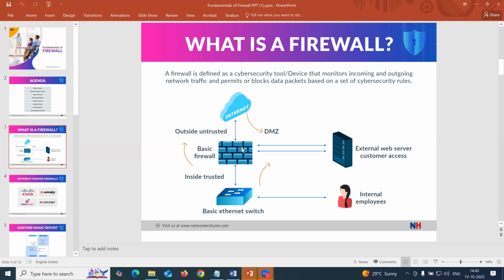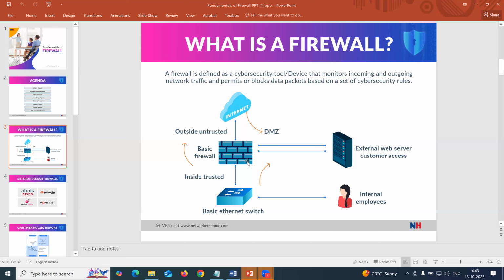That means your device is working as an edge device. An edge device is a device which works between your LAN and WAN network. Any device that works between your private and public network is called an edge device.